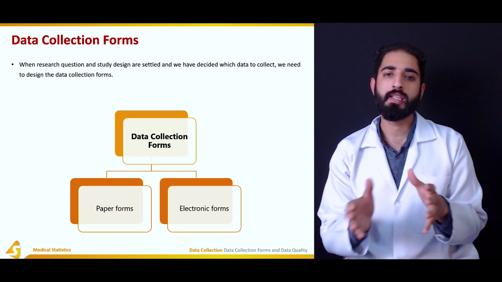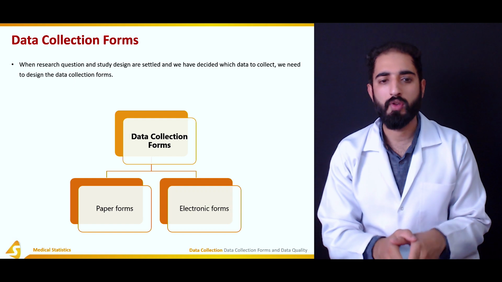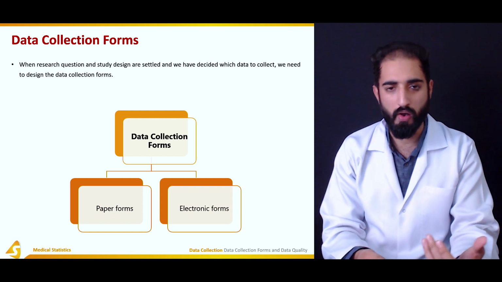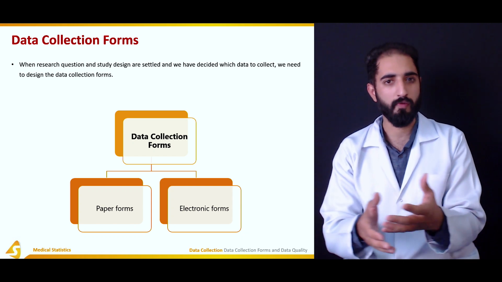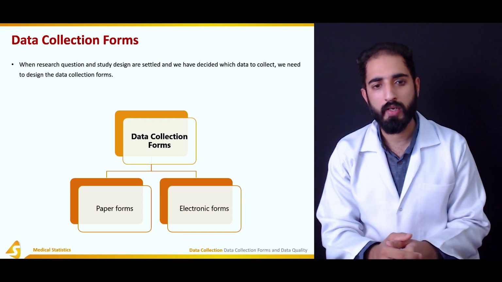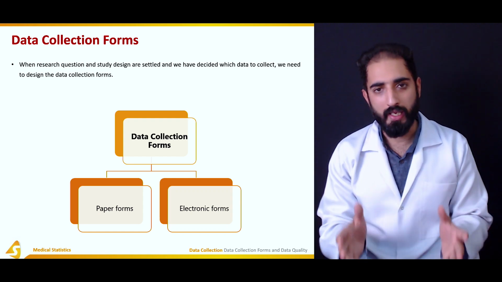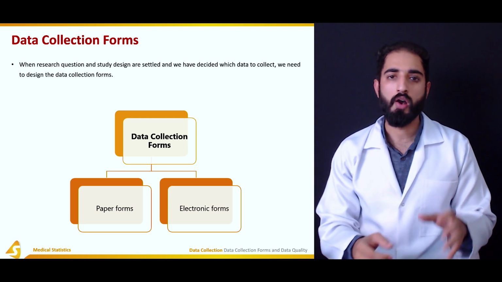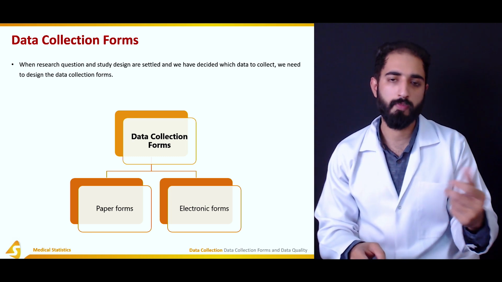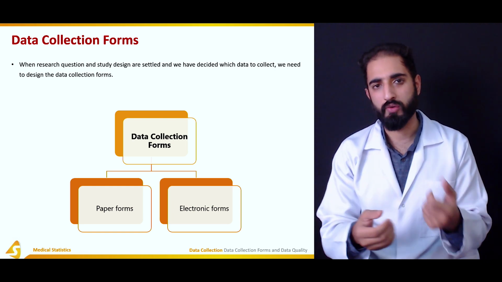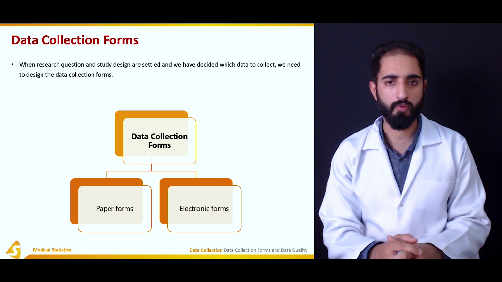And when these things have been decided, then we are about to collect the data, and for that we select different types of outcome measurement tools, different types of questionnaires which are already present, or we make one of our own. But for that we need to design those data collection forms, even if we are using already present forms, we need to make some modifications to it, or work out how we can combine different types of outcome measurement tools.